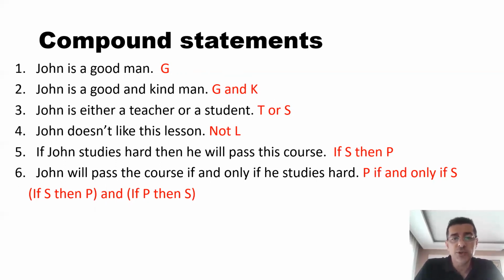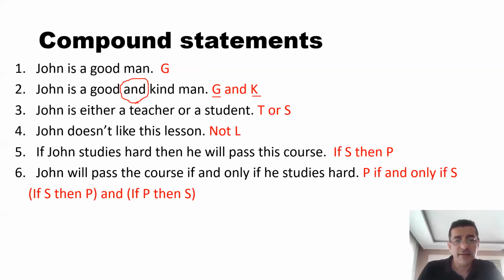But actually, there are two because we have an operator, and that is and. So this is important for us. In a sense, we can say John is a good man and John is a kind man, okay? So that would be G and K then.